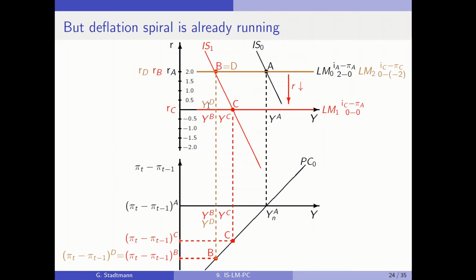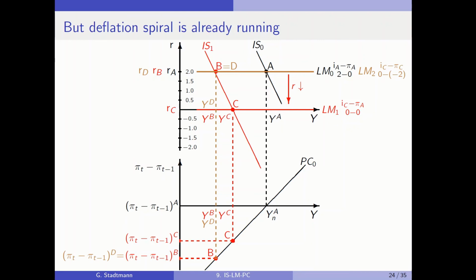So when the deflation spiral is running, this leads to some problem for the central bank, because the central bank has lowered the nominal interest rate already to the level of 0%. The central bank cannot lower the interest rate even further, and therefore the central bank is running out of ammunition. The central bank has no ammunition anymore.